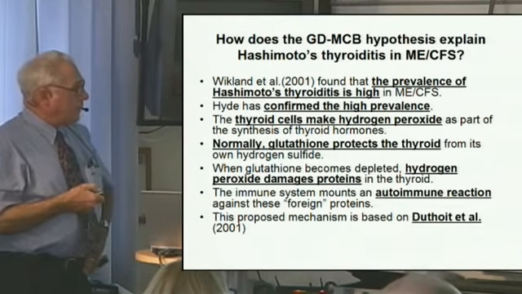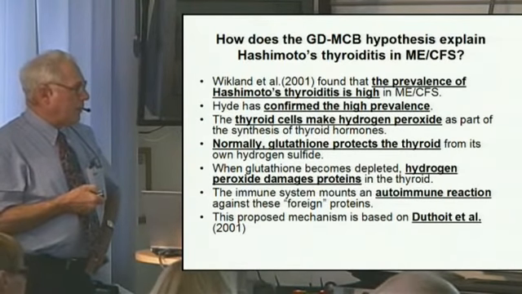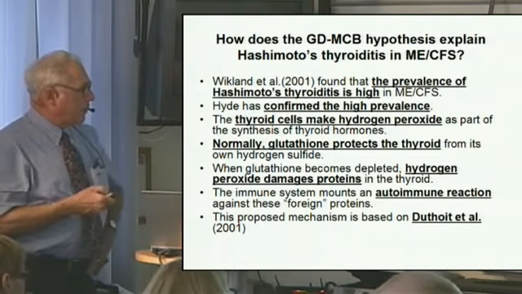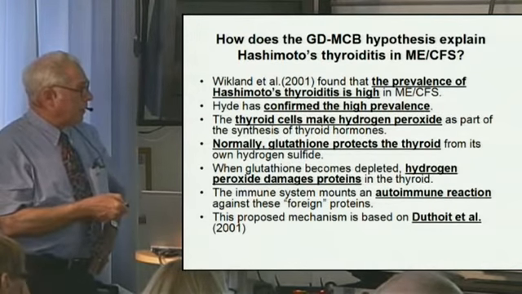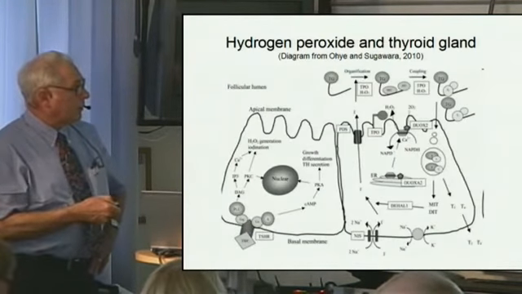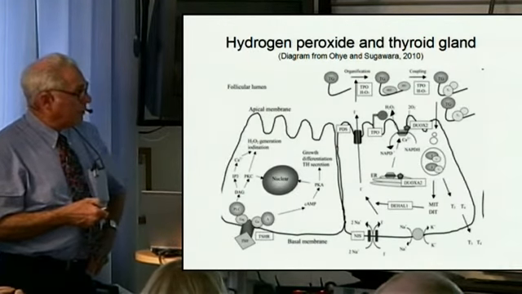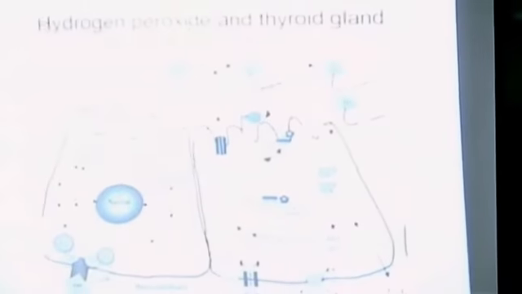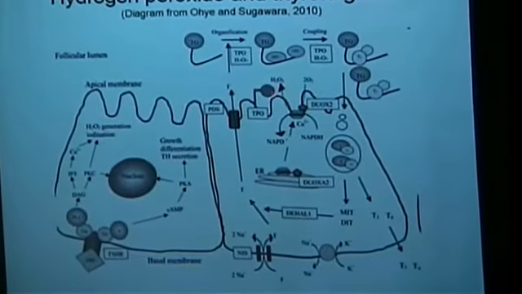Now, the thyroid cells normally make hydrogen peroxide as part of the process for making the thyroid hormones. They manufacture it. I'm going to move on to the slide that shows the picture there, and then I'll try to cover these things as I get there. Okay, so here's the thyroid gland, and the cells from the thyroid, and the thing I want to mention here is this enzyme right here produces hydrogen peroxide, and it's pushed outside the cell.